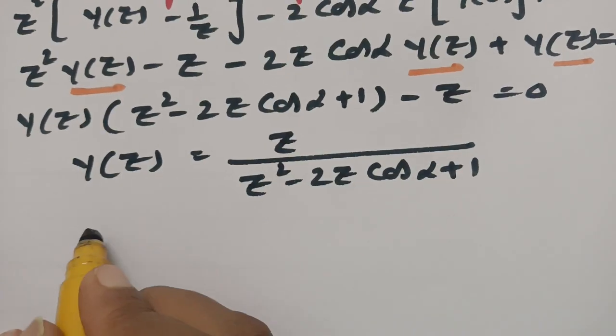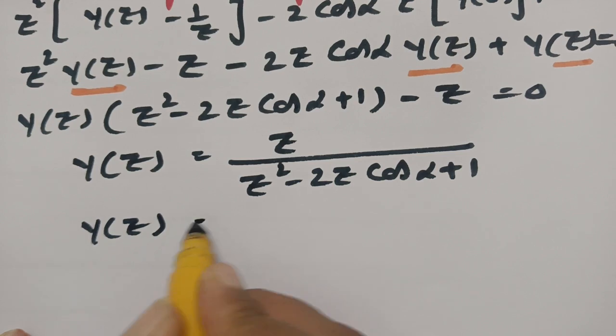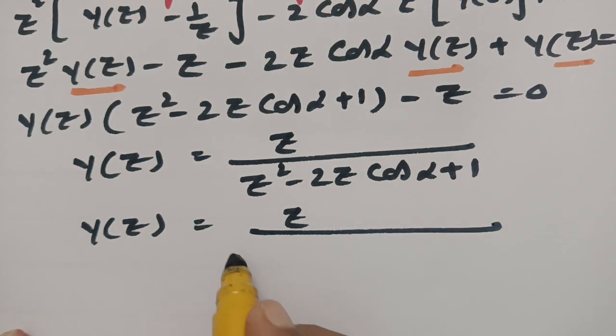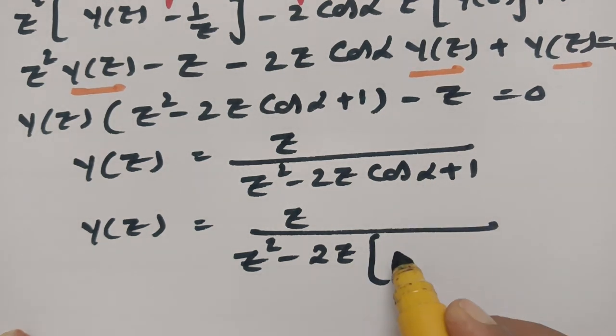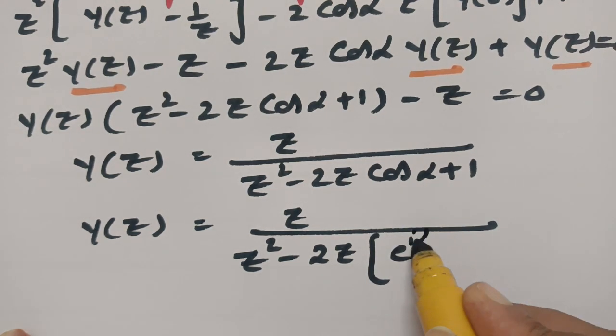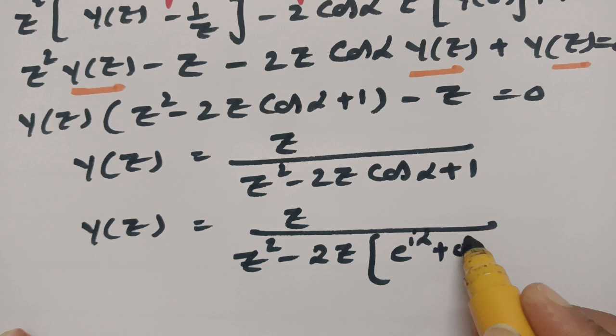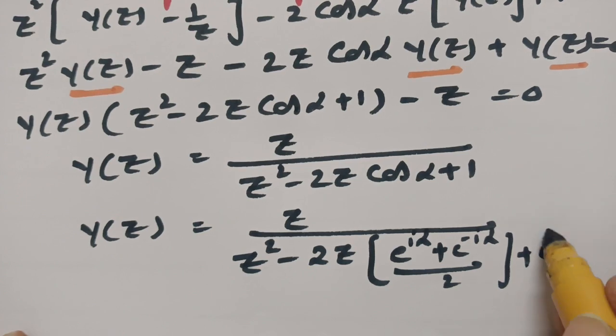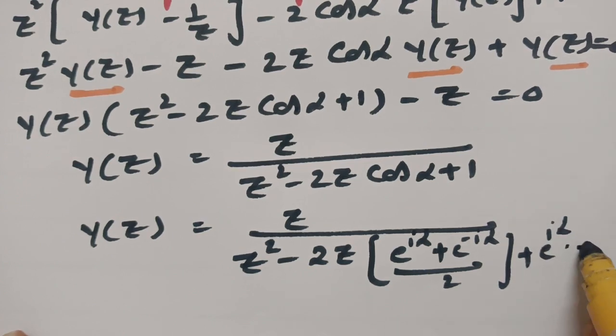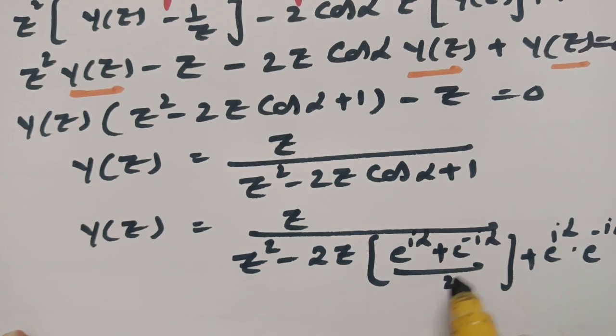And see, this can be written as Y of z is equal to z by z square minus 2z into cos alpha, which can be written as e power i alpha plus e power minus i alpha by 2, plus 1, and 1 can be written as e power i alpha into e power minus i alpha.